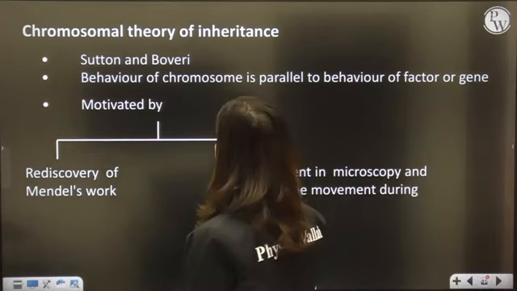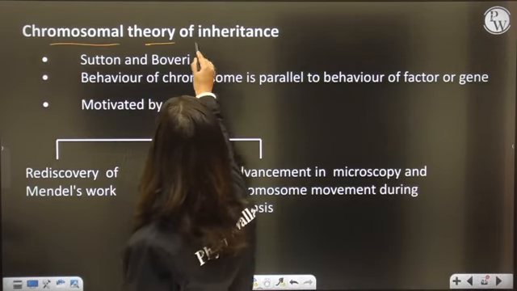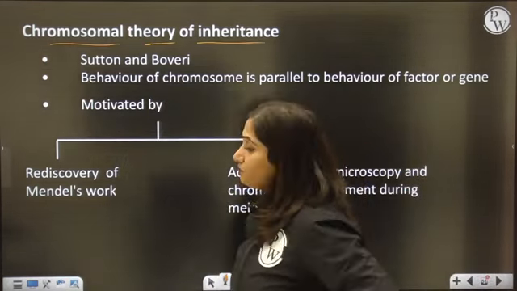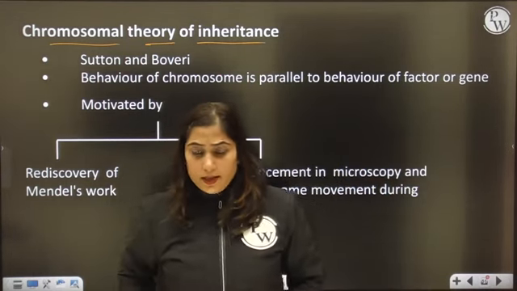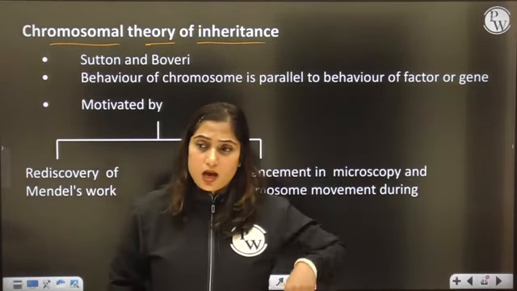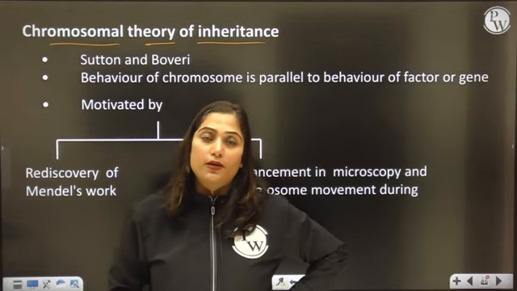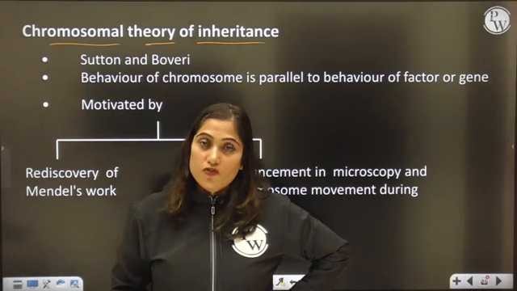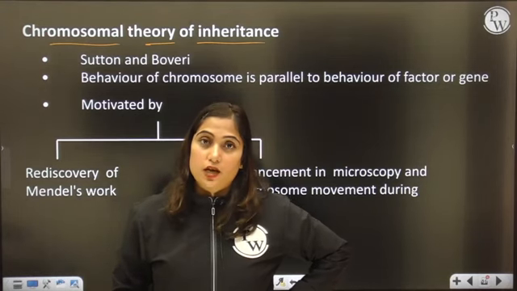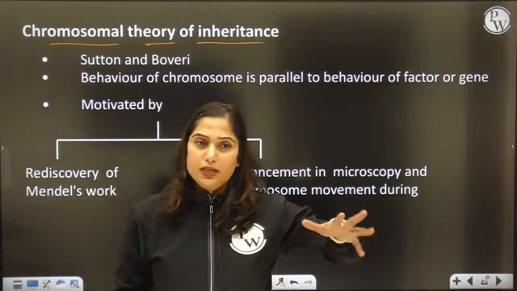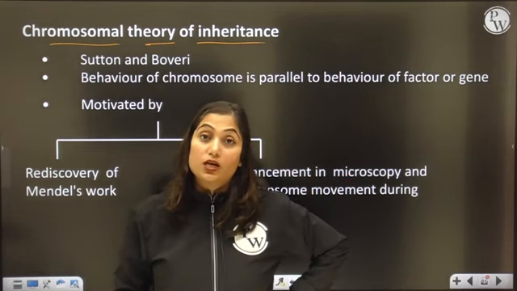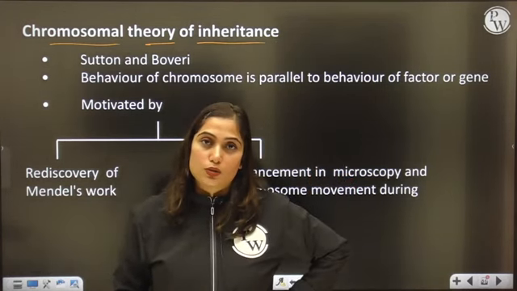Now let's discuss the chromosomal theory of inheritance. After the year 1900, many important things were there. There was rediscovery of Mendel's work in the year 1900, and during 1902 and around it, there was advancement in electron microscopy.